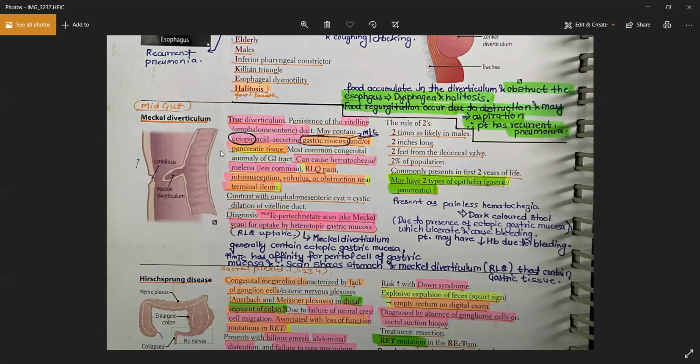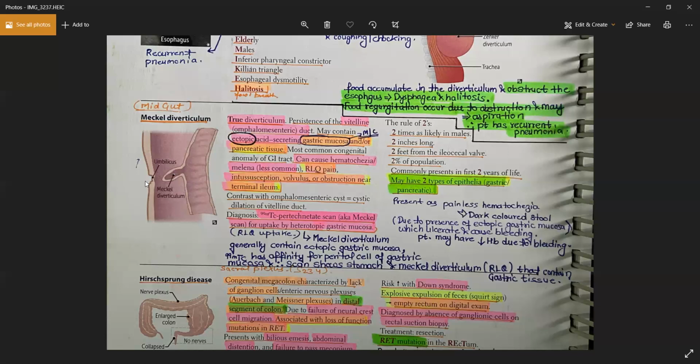And if the connection is not closed, then many complications can happen, and one of them is the Meckel's diverticulum, right? Other things, it can be a persistent connection between the umbilicus and the midgut, and it is known as the vitelline fistula in that case, right? Very important. So Meckel's diverticulum can happen, fistula can happen, and a cyst can happen, the vitelline cyst, right?